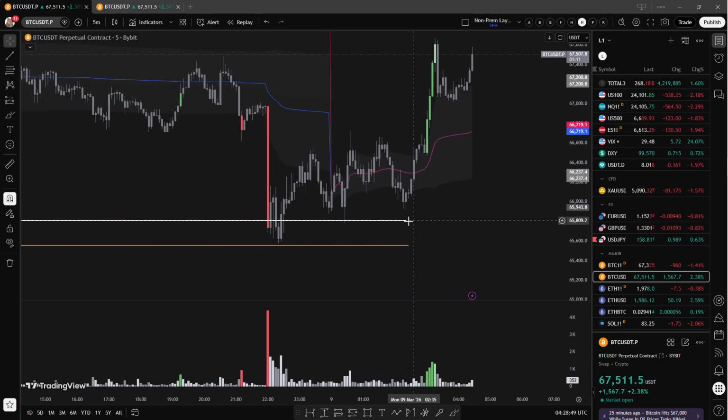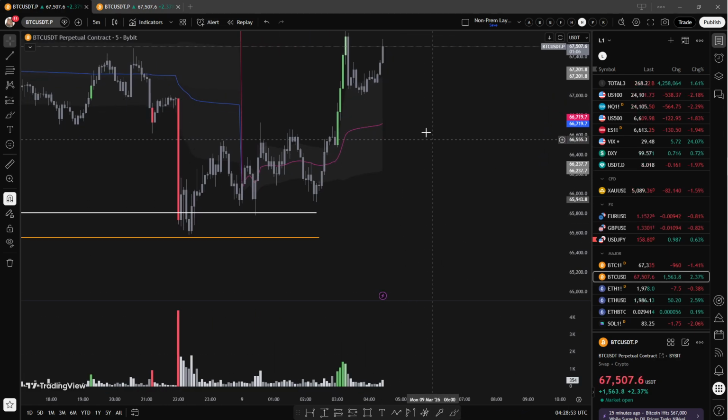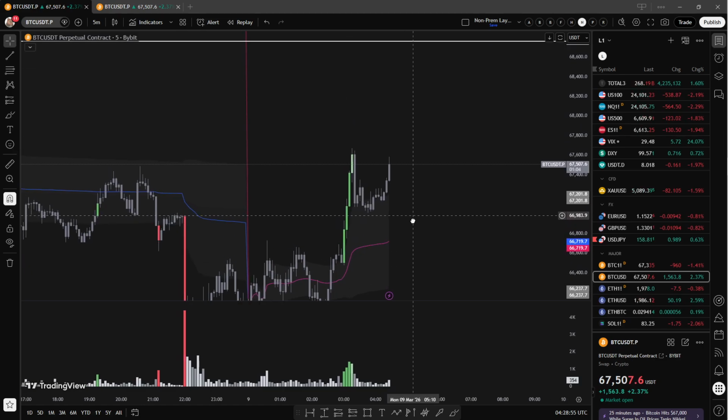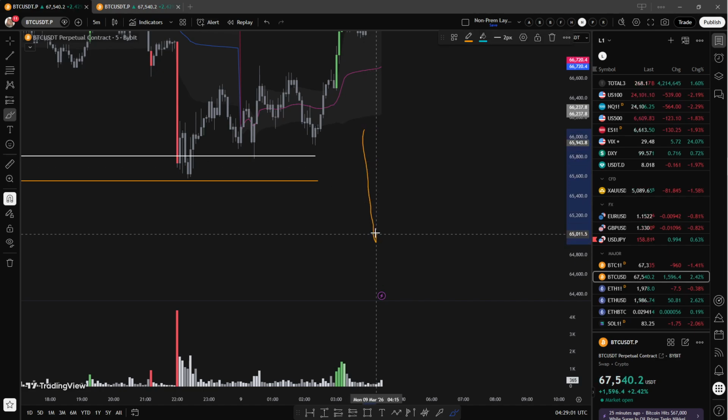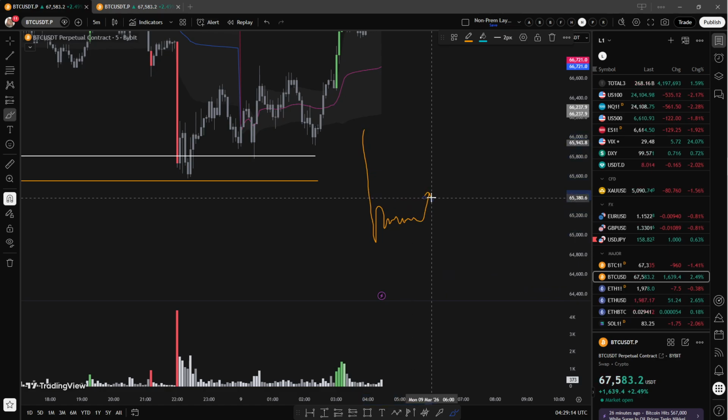So what do you want to see? If you have this kind of thing, either you have some kind of big liquidations here, and then it wicks, and then it retests like half the wick, and then it holds, not falling off, holding its ground and then going up.